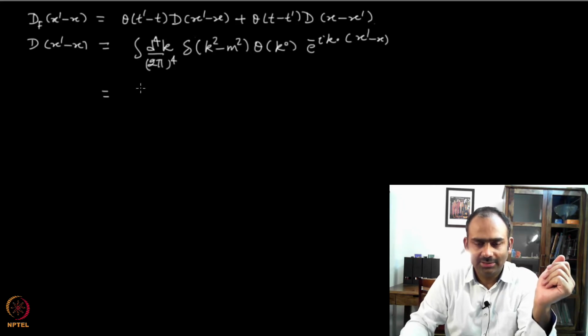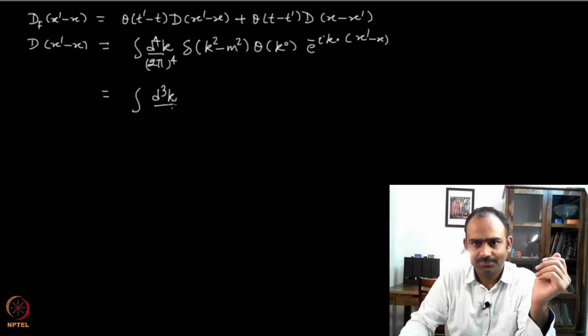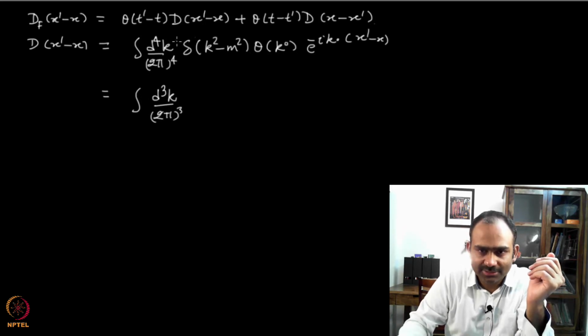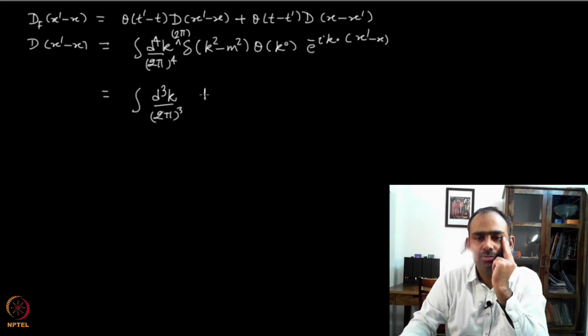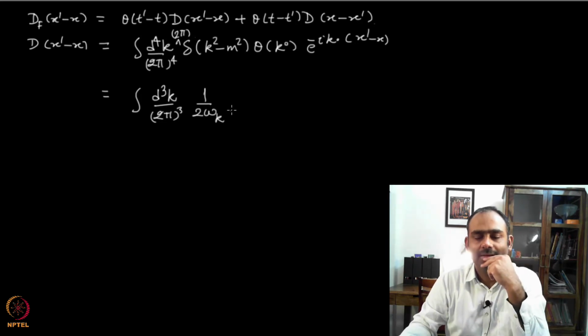And also you recall that originally we wrote the expression for D of x prime minus x as follows. It was d^3k over (2 pi)^3. I realize that I have missed the factor of 2 pi here. It was d^3k over (2 pi)^3, 1 over 2 omega_k, times e to the minus i k dot (x prime minus x).